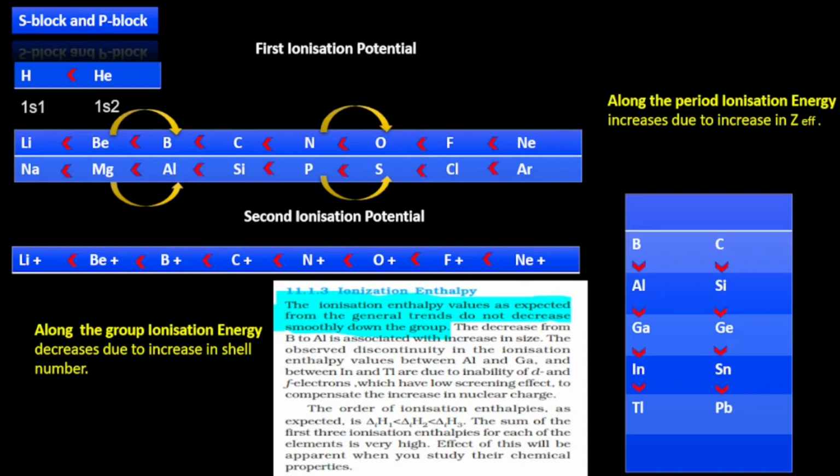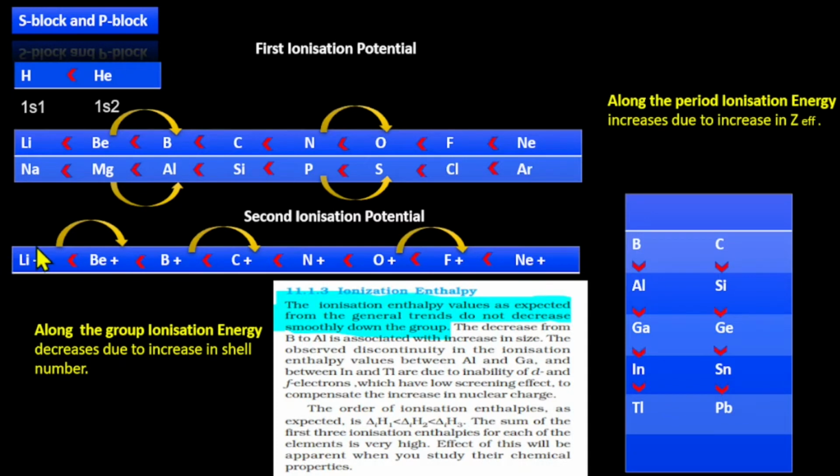For second ionization potential, I will not say much because it is simple. You have to remove one electron, and definitely along the period again, due to increase in Z effective, ionization energy will increase, but take care of the completely filled and half filled rule.